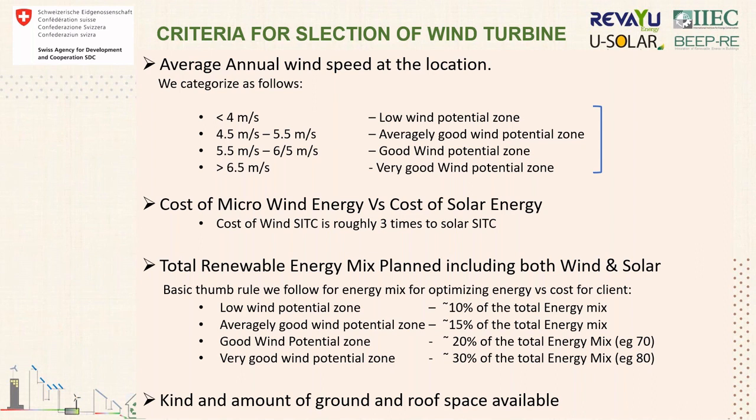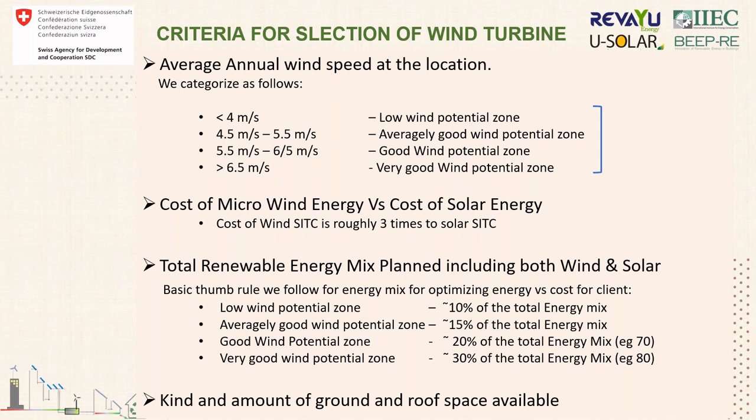So we categorize it as follows. At less than 4 meter per second annual average wind speed, we call it low wind potential zone. Between 4.5 meters per second to say 5.5 meter per second, it's an averagely good wind potential zone.